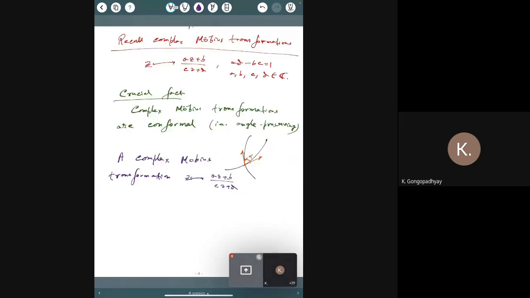So a complex Mobius transformation preserves the extended real line if and only if A, B, C, D are real numbers. So this gives you the feeling that SL2R is the right candidate for the isometry group.